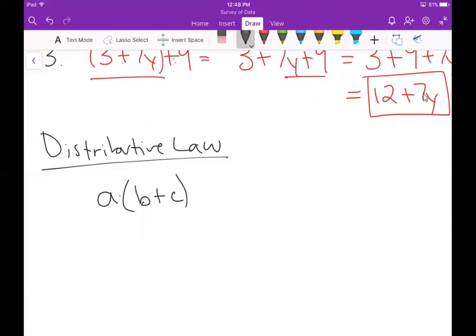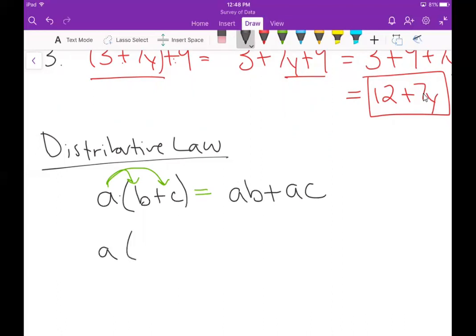But again, B plus C, I can't combine those, but I would like to remove the parentheses if I can. So it turns out if I distribute this A, if I take the A times the B and the A times the C, distributing to become A times B plus A times C, I can get rid of those parentheses by distributing. And I can do it with negatives as well.